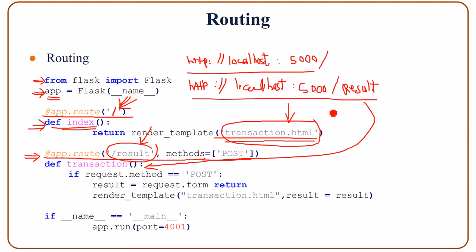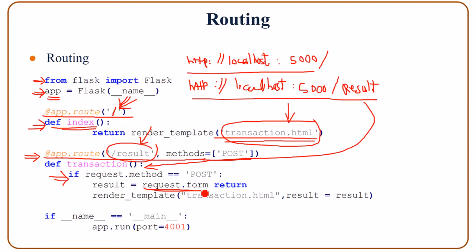So when the form is submitted and data is then submitted, in the function you check if the request method is post or get. If it is post, then you get the data by request.form.